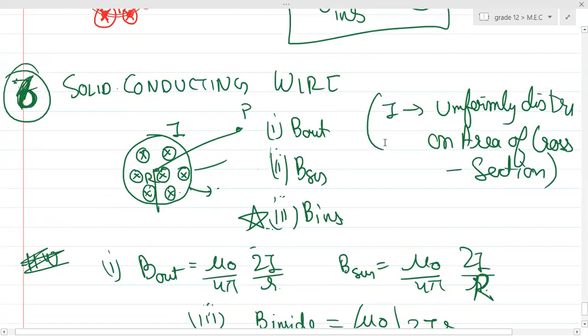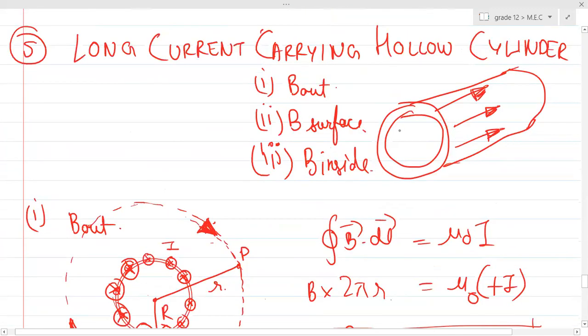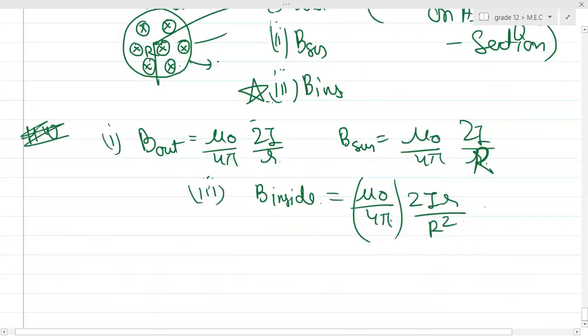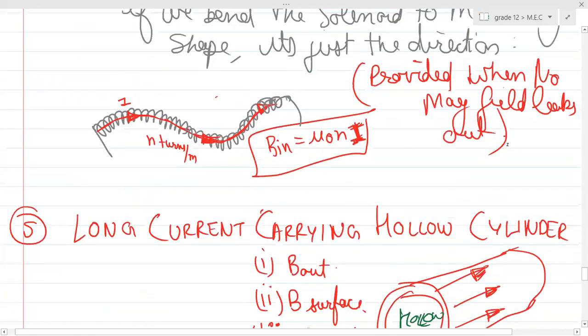It's a cylinder, and you are just seeing the cross section of that wire. So this is a cylindrical wire, just like the previous case. You remember the previous case was like this, but it was hollow. This wire is not hollow. This is solid throughout. It's similar to this, but it is not.